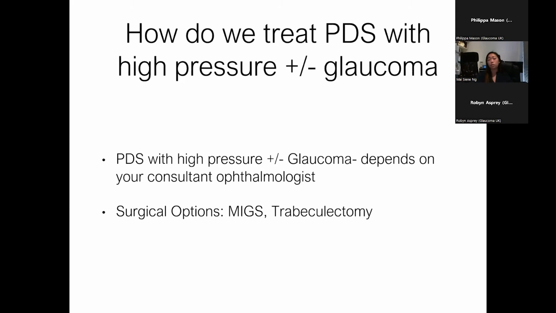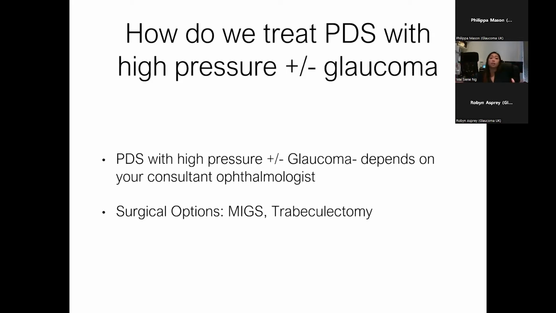So this would depend on how advanced the glaucoma is, how your eye is, etc. And there are options such as minimally invasive glaucoma surgery, which is also called MIGS, or trabeculectomy, which is where we make an alternative drainage in your eyeball by making a hole in the eye and fashioning a trap door on top of your eyeball to restrict the amount of outflow from the eyeball to the outside of the eyeball.